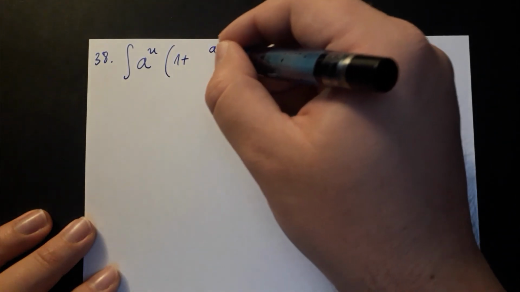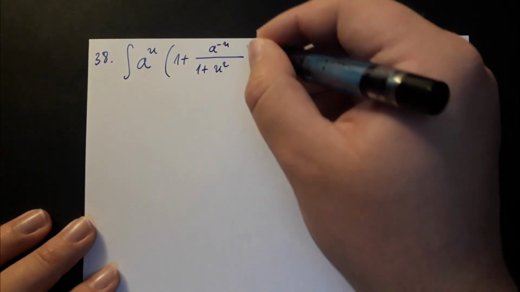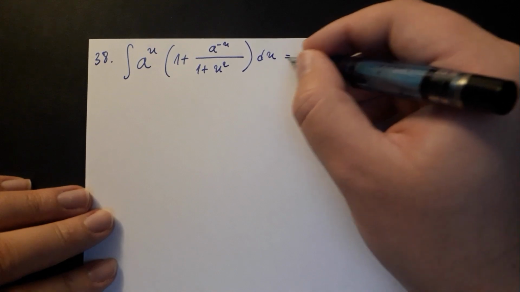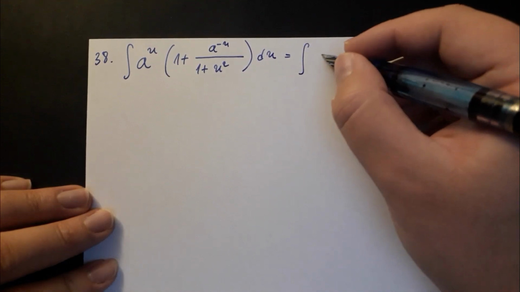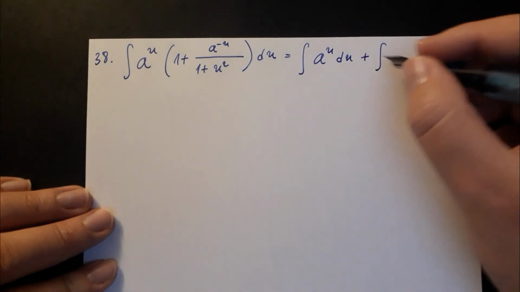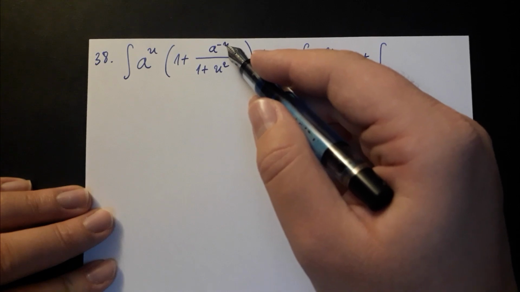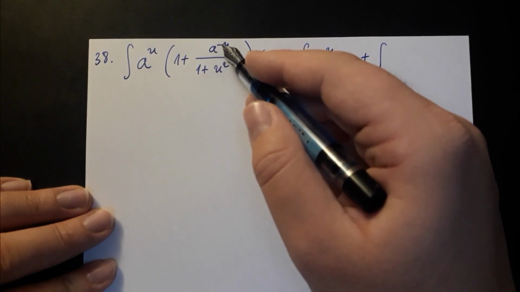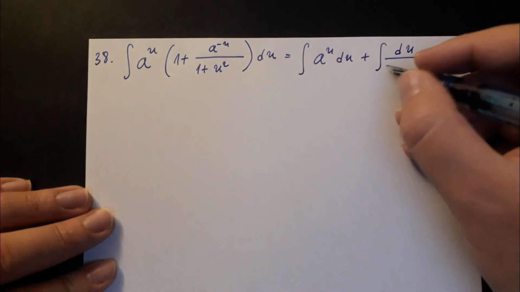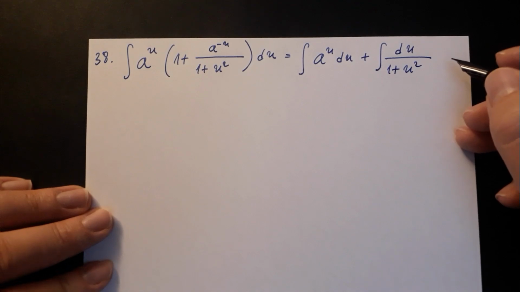Integral number 38 on our list is an integral of a to the power u in brackets 1 plus a to the power negative u divided by 1 plus u squared du. So this is equal to an integral of a to the power u du plus an integral of a to the power u times a to the power negative u, that is a to the power 0, which is 1, that is just du, and in the denominator we have 1 plus u squared.